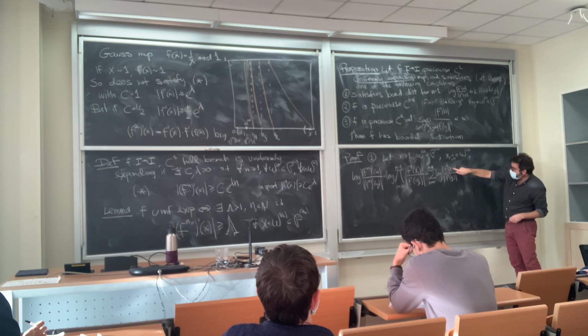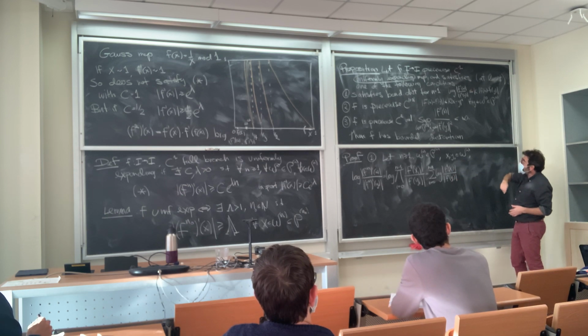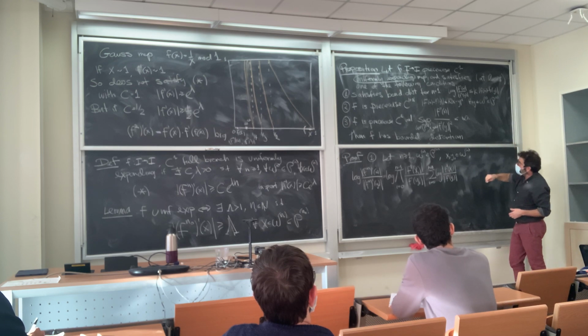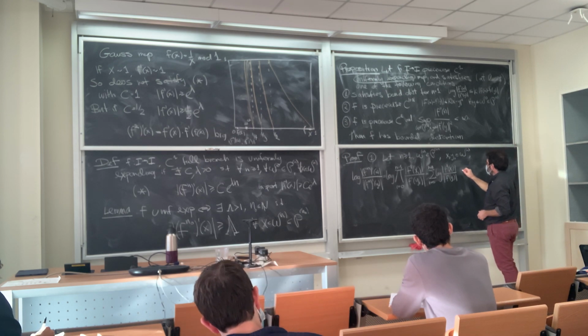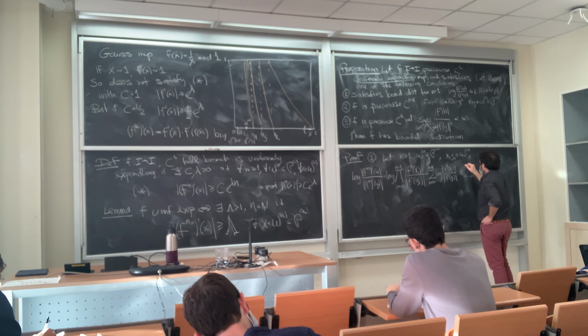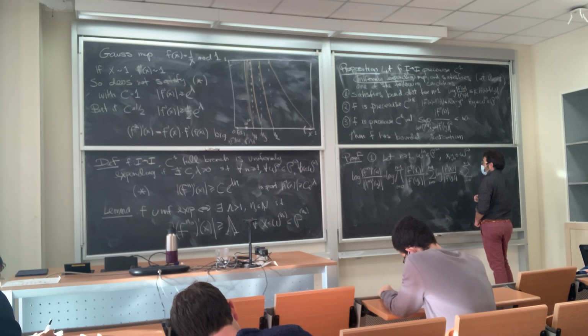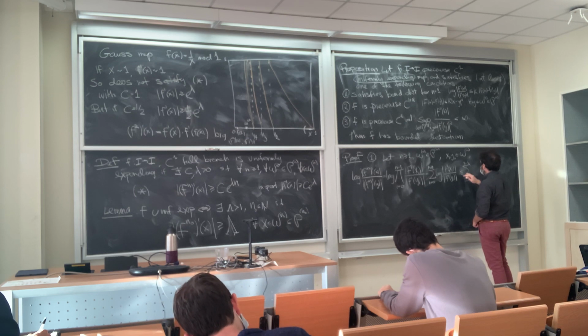So xi and yi belong to an element of the original partition in particular, and so they satisfy this bound by assumption. So this is less than or equal to the sum, i equals 0 to n minus 1, of K times |F(xi) − F(yi)|.